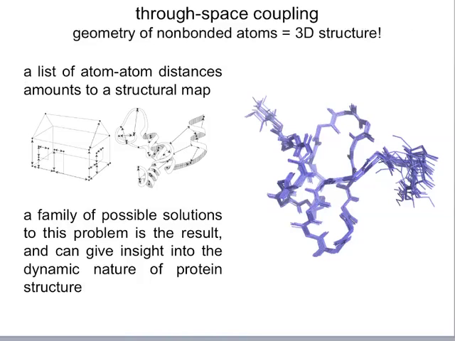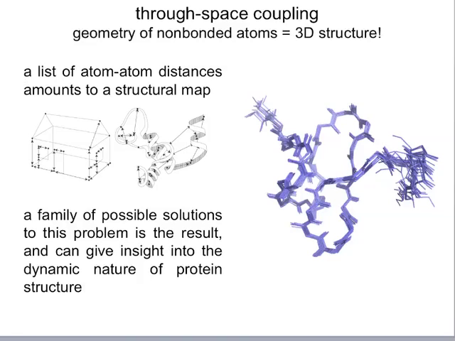So one spin detects the presence of another spin or many other spins through space as opposed to through bonds. And this, you can imagine, can be used to calculate a three-dimensional structure. So this is a model building exercise effectively that amounts to creation of a list of atom-atom distances, and that list is a structural map.